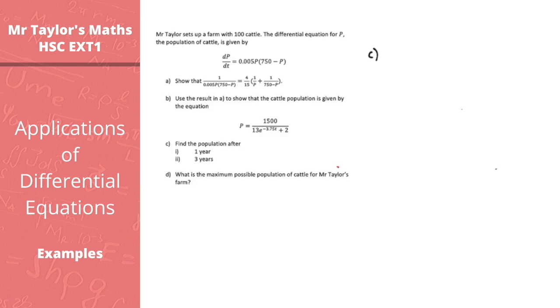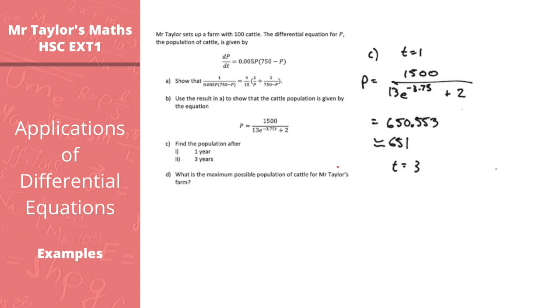Okay, so part C, all we are doing is substituting. So after 1 year, so t equals 1, so P is 1500 over 13 e to the minus 3.75 times 1 plus 2, and that is equal to 650.553, so 651.